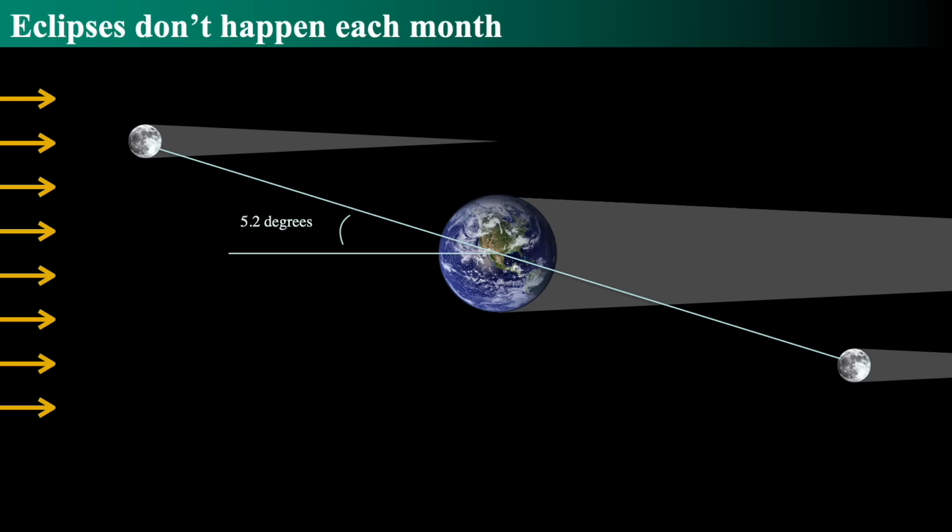On the left-hand side, that's the position of the moon at new moon, if we're looking across the plane of the Earth's orbit. The moon is in the same direction as the sun, except it's inclined away and up by 5 degrees. That would be a new moon in the direction of the sun but above it in the sky, and there will be no eclipse at that time.